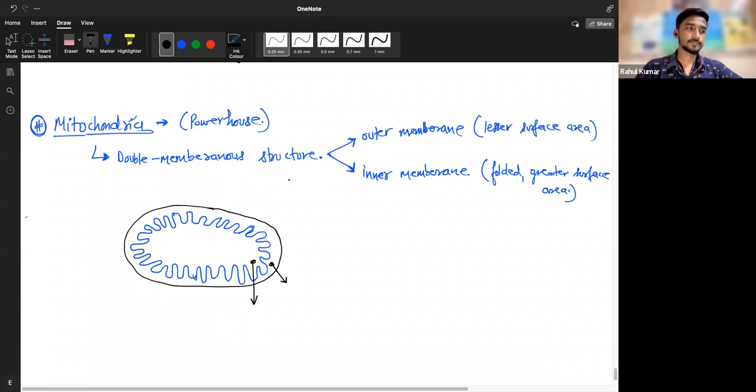Now write down the inner compartment. So this is called the inner compartment, the inner compartment or the matrix. It has a dense substance called mitochondrial matrix.